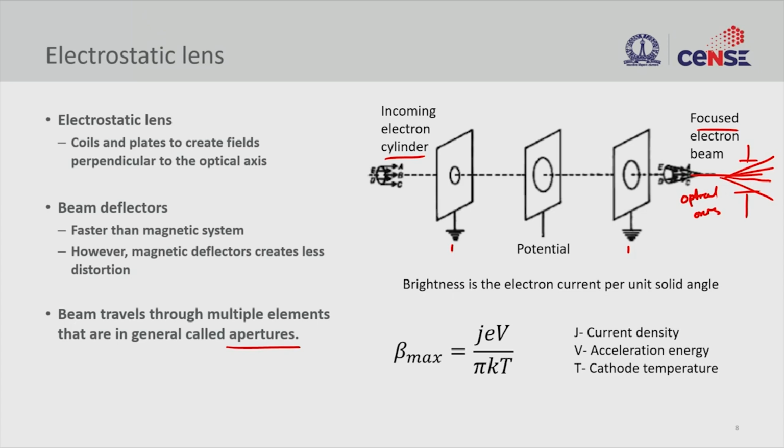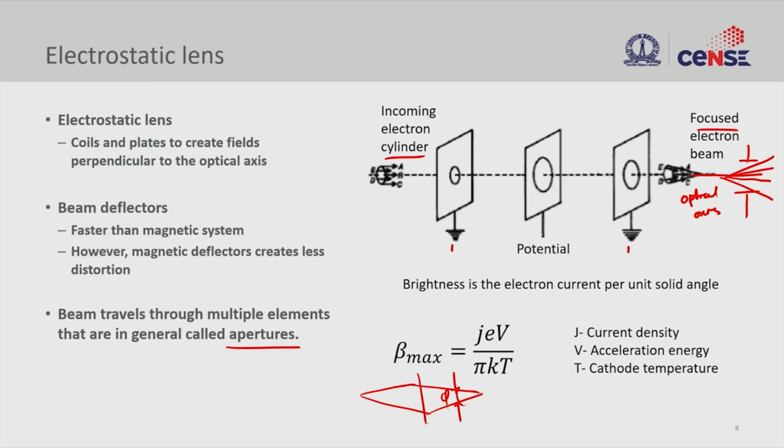The brightness that you achieve depends on the current that you get per solid angle. If a beam is being focused, it depends on how much of the beam is captured within this particular solid angle, and the current generated from this. As we already saw earlier in projection lithography, there is something called a pupil lens.